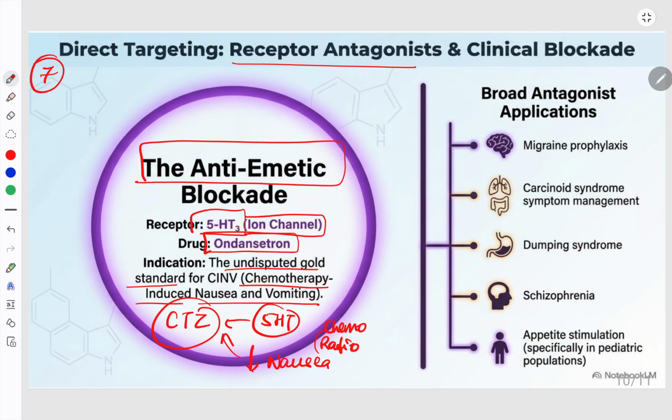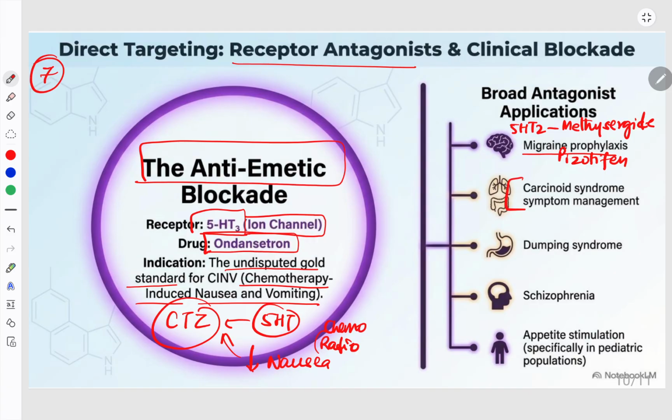Other than that, 5-HT antagonists have been used in migraine prophylaxis, mainly by targeting 5-HT2 receptors, and that includes drugs like methysergide, a 5-HT2 antagonist, as well as pizotifen. These are the two 5-HT antagonists used in the prophylaxis of migraine.